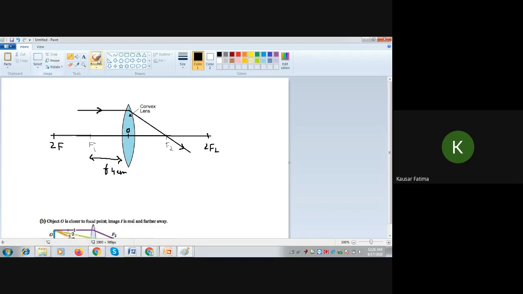Suppose we have placed an object which is beyond 2f.